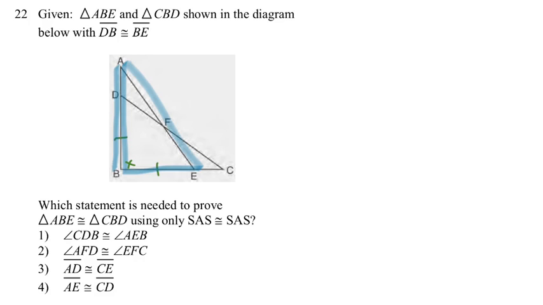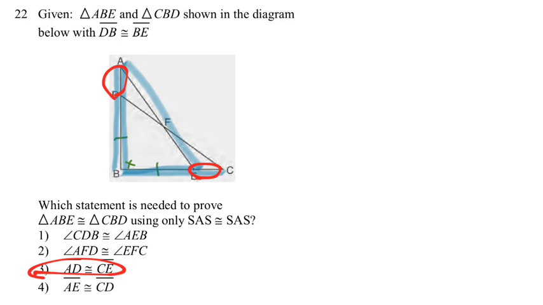And then, so that means as they also share the angle of B, then the entire side has to be equal to the other entire side. Then we're just missing AB or AD, and then CE. So anything that states that would have been our answer, which is choice 3.